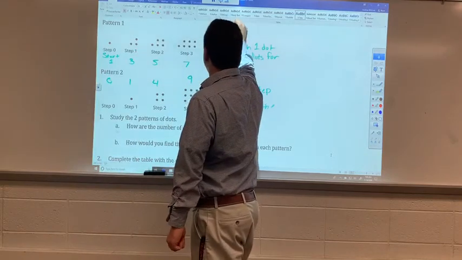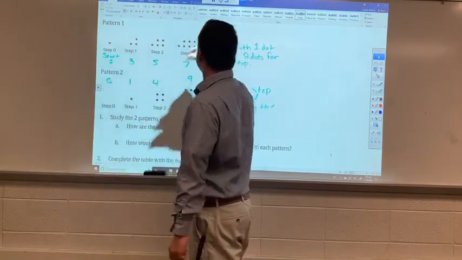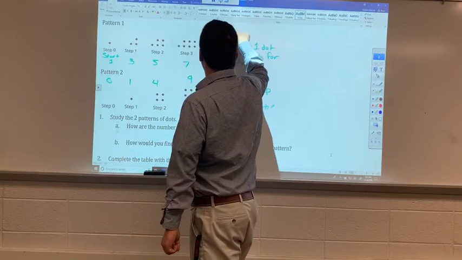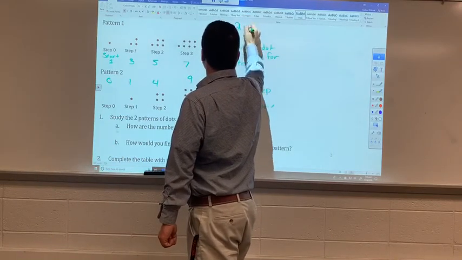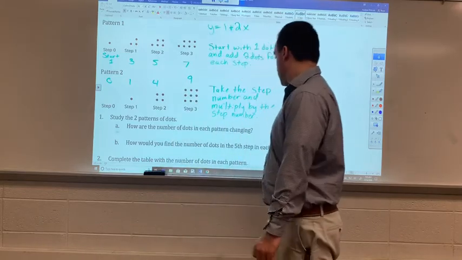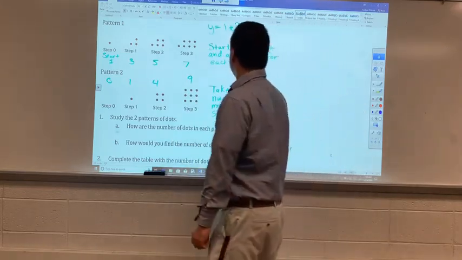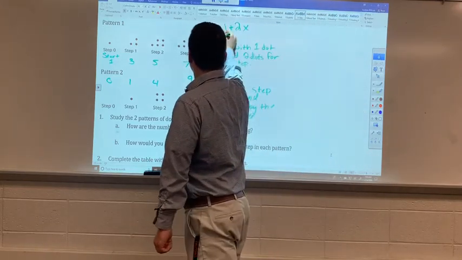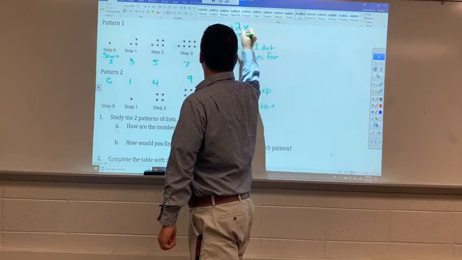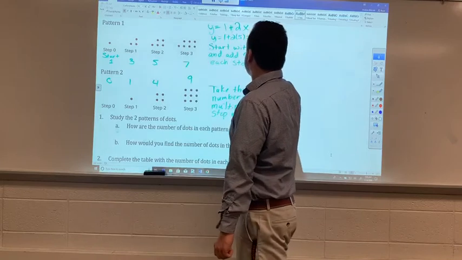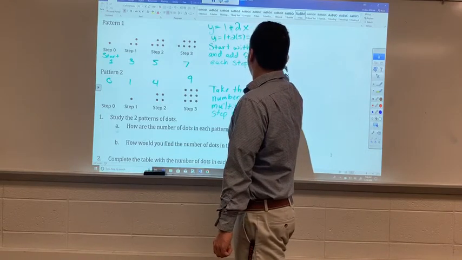So we could say 1 plus my rate of change is 2. So I could say that's 1 plus 2 times x, or 2 times the step number. So for the 5th step, we could plug in 5 and say that's going to be y equals 1 plus 2 times 5. And then evaluating that, that's 1 plus 10, which is 11.